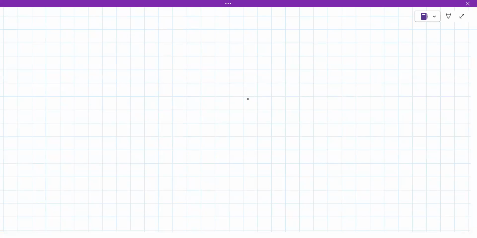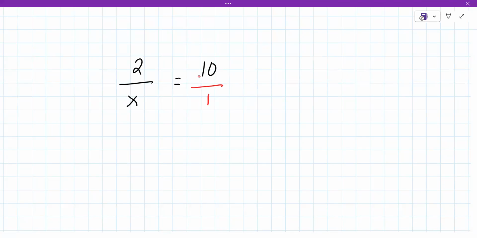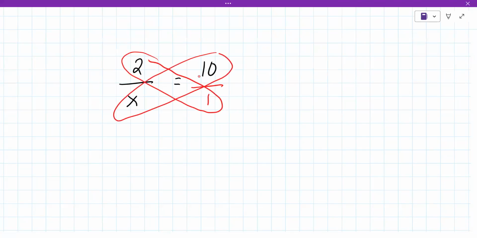So let's take a look at a new problem. Let's say it's 2 over x equals 10. If you wanted to cross multiply here, you would have to write this as a fraction over 1. You can always write a number as being over 1. And then you can show the diagonal multiplication.